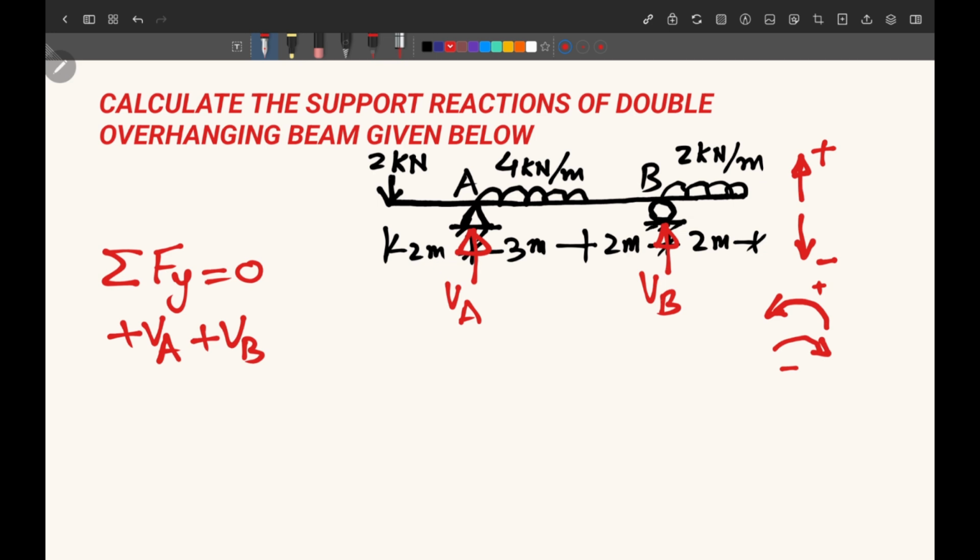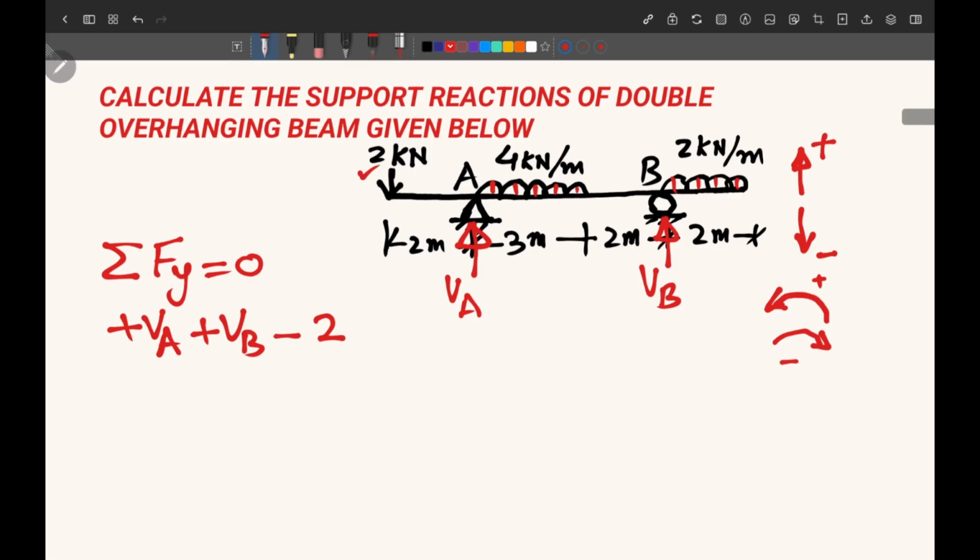Then the loads which are acting on the beam, all of them are acting in the downward direction. This UDL is also acting downward. These are downward forces with the intensity of 4 kilonewton per meter for 3 meter and 2 kilonewton per meter for 2 meter length.